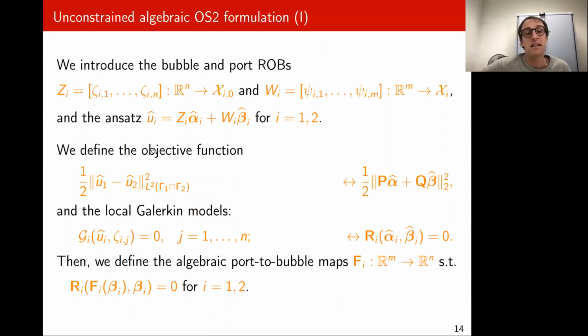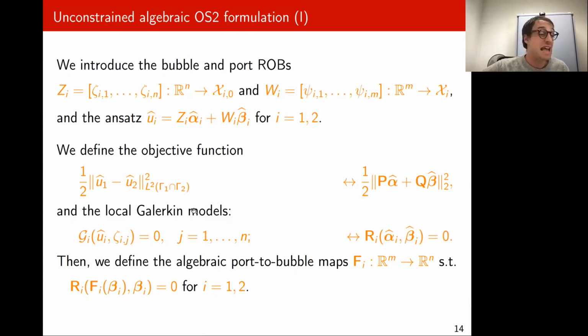Then we can rewrite the objective function U1 minus U2 in this way. P and Q here are linear operators, since essentially we consider a linear reduced order basis, and this is a quadratic objective function.